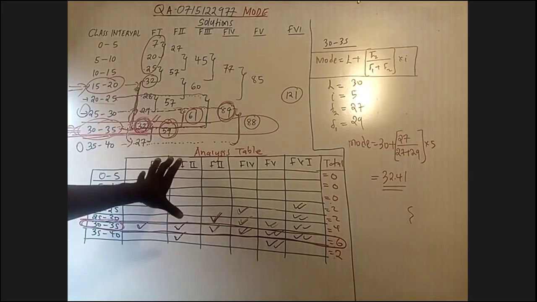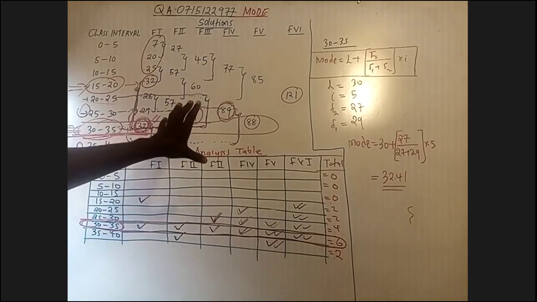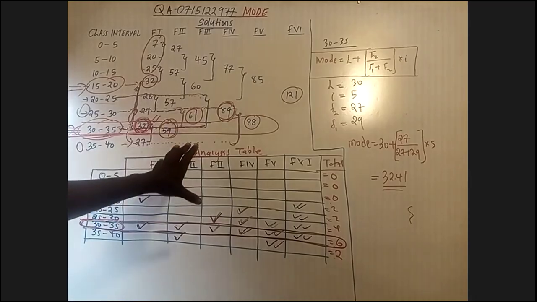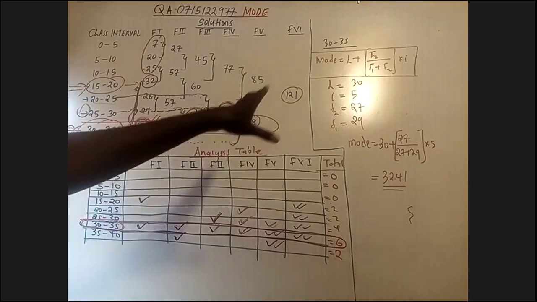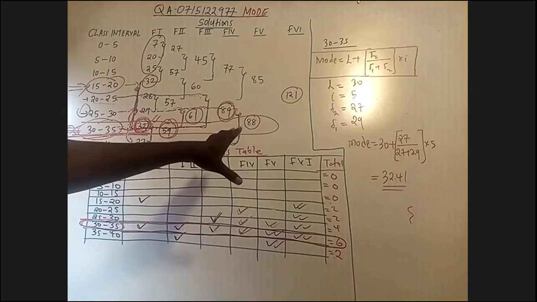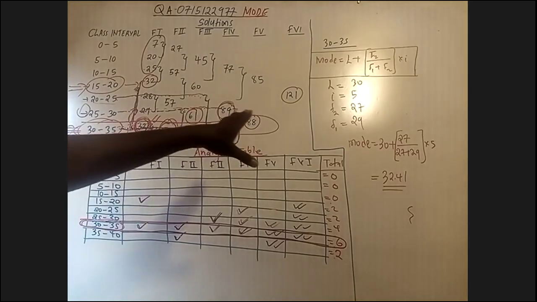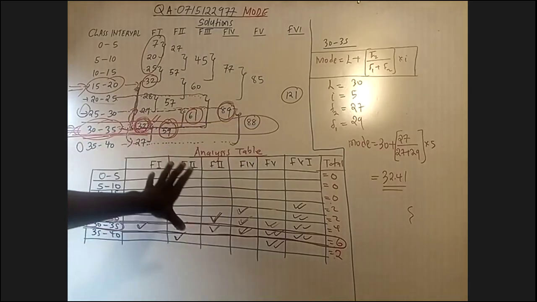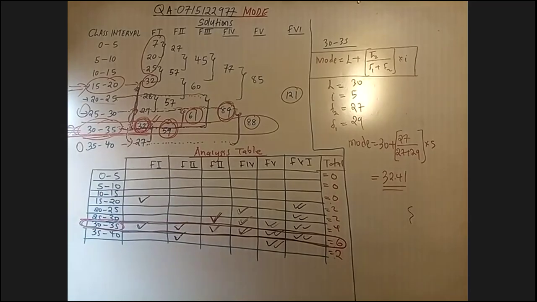For any question concerning mode, whether individual or continuous, you can use this analysis table. You are not limited to it. But mostly it is applicable for continuous data.